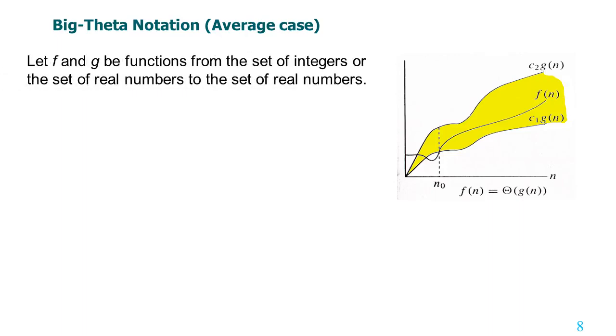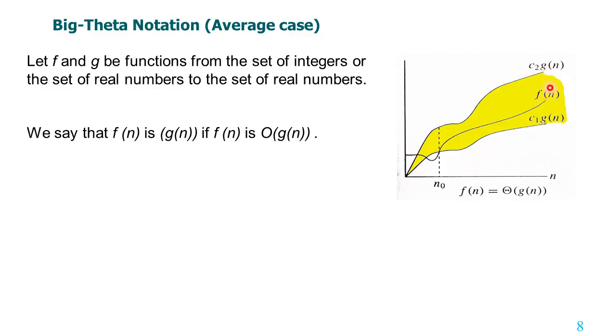The definition of theta is: let f and g be two functions from the set of integers or the set of real numbers to the set of real numbers. Then we say that f(n) is Θ(g(n)) if f(n) is both O(g(n)) and Ω(g(n)). As I said earlier, there is a lower bound and an upper bound. If f(n) tends to the lower bound, then it is again Ω(g(n)), or it may tend to the upper bound, then again it is O(g(n)).